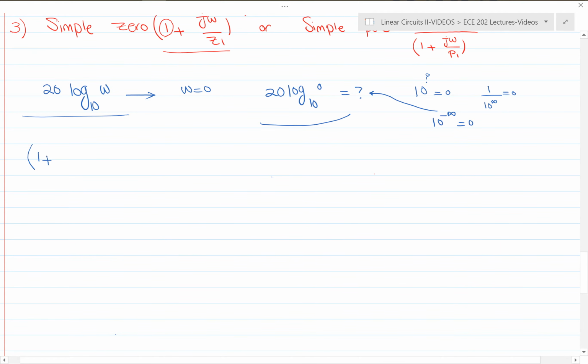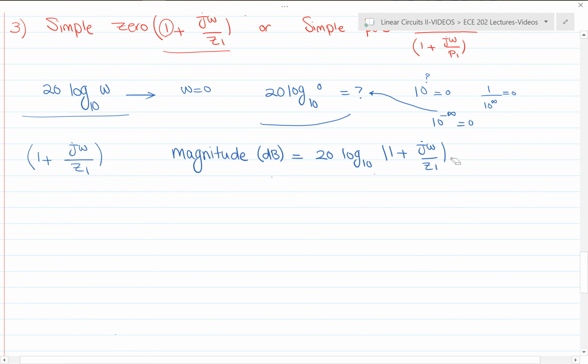So let's go back to what we were talking about. The simple zero, 1 plus j omega over z1. All right, let's go and find the magnitude. So the magnitude in decibels of this value is equal to 20 log base 10 of the magnitude of 1 plus j omega over z1.